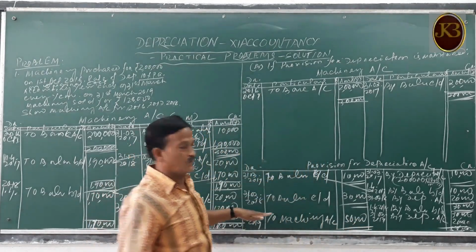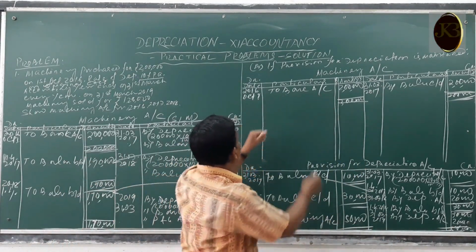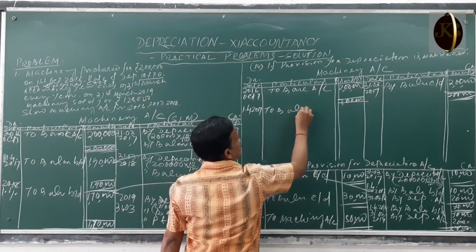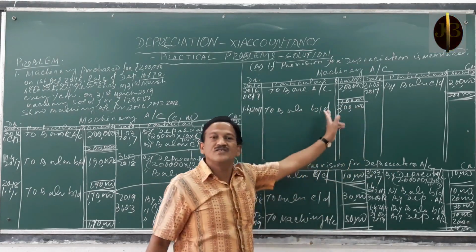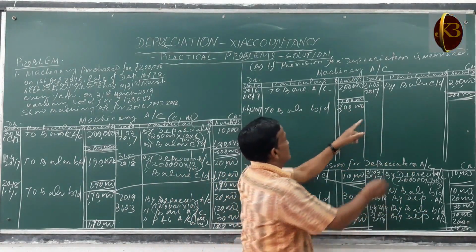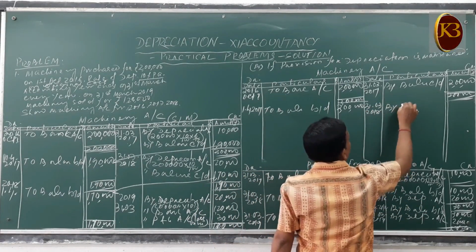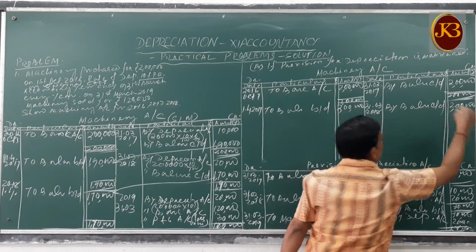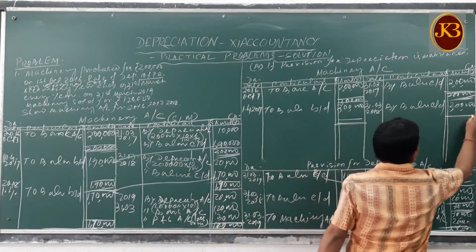So this is how the provision for depreciation account is prepared. Now in the machinery account, on 1st April 2017, to balance brought down, 2 lakh, because depreciation is not shown here. Depreciation is already shown in the provision for depreciation. So this 2 lakh goes again to balance carried down in 2018. Just do it like this.